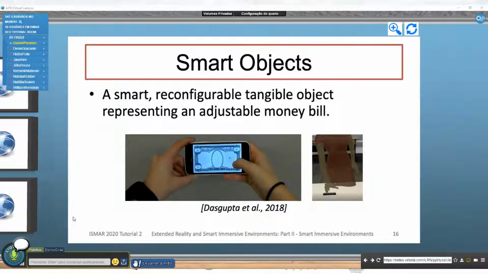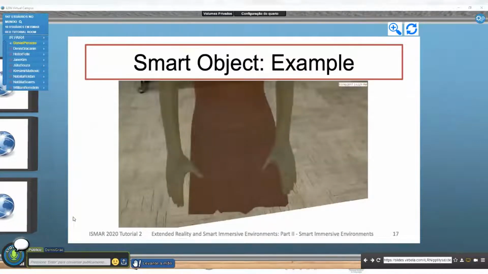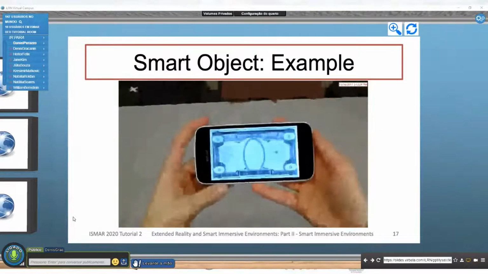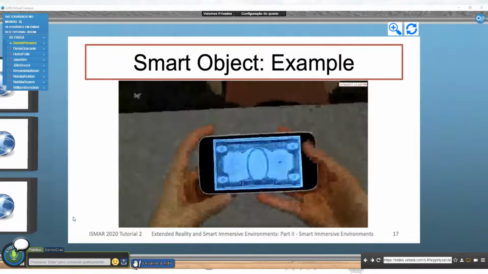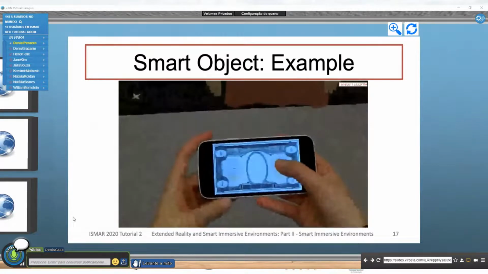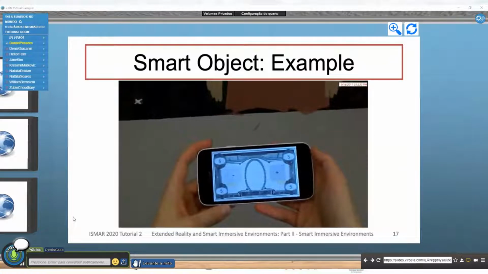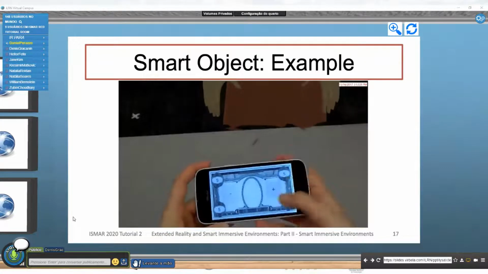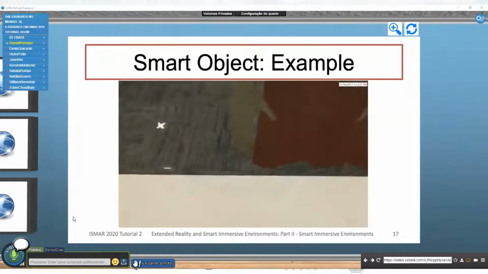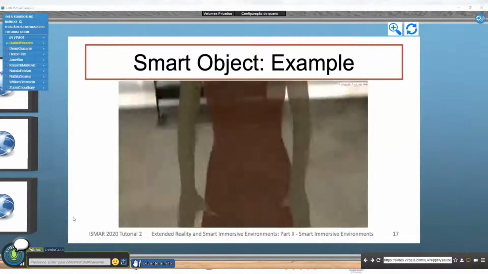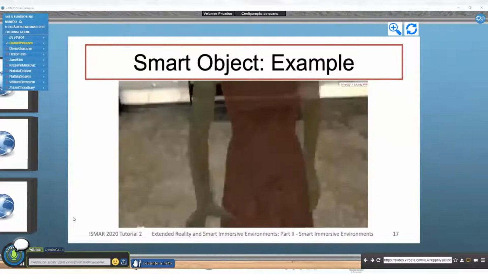So if you look at this example here, we have a table and avatar, and then there is a phone user with user interface selecting basic amount of money. So user provides information. The user puts the phone on a certain area on the table that now is being recognized as making an offer.